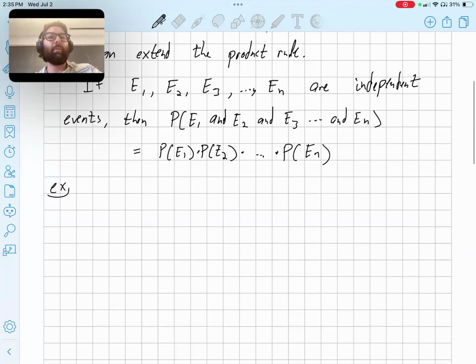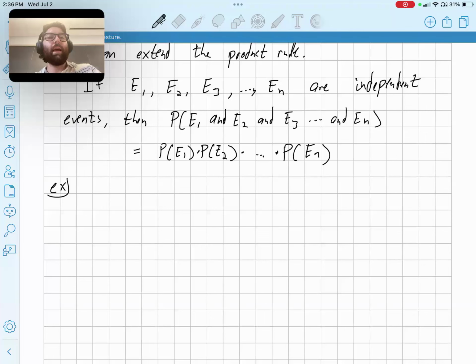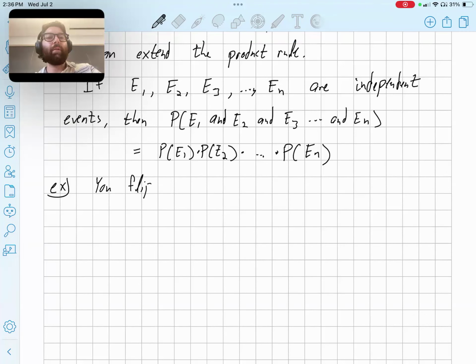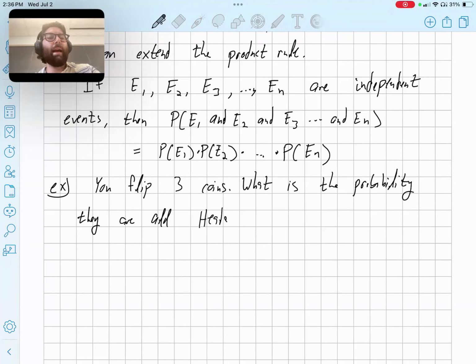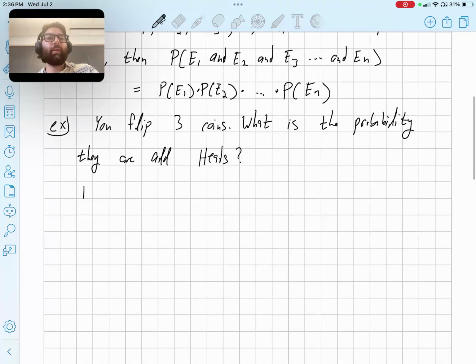And so as a very brief example, let's say you flip 5 coins. What is the probability they are all, well, let's say 3 coins just to keep it small. What's the probability they are all heads? Well, we're asking the probability of coin 1 heads and coin 2 is heads and coin 3 is heads.